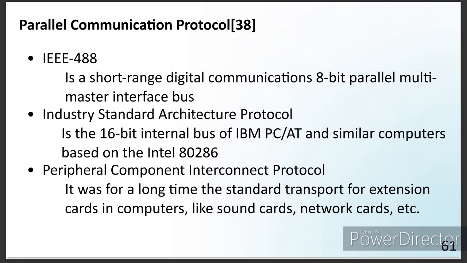Industry Standard Architecture Protocol. The 16-bit internal bus of the IBM PC AT and similar computers based on the Intel 80286 and its immediate successors in the 1980s was known as Industry Standard Architecture. The bus was backward compatible with the 8-bit bus of the 8088-based IBM PC as well as IBM PC compatibles.